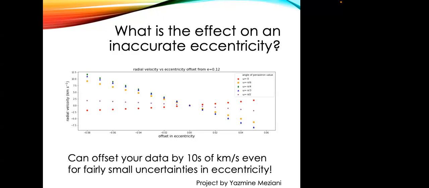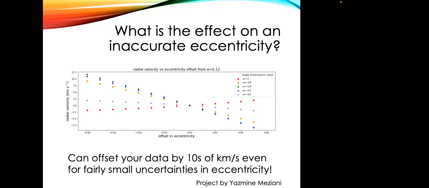But basically, even if you're off in your eccentricity by only a very small amount, say 0.05, which is, I think, a pretty good uncertainty for eccentricities as measured by radial velocities, you can get 7 to 8 kilometers per second offsets.